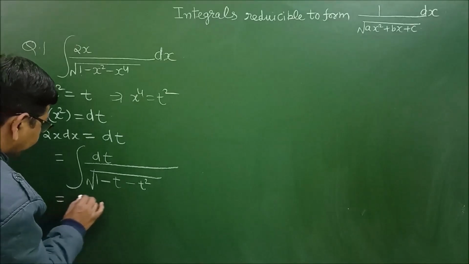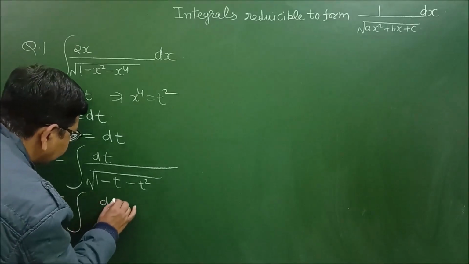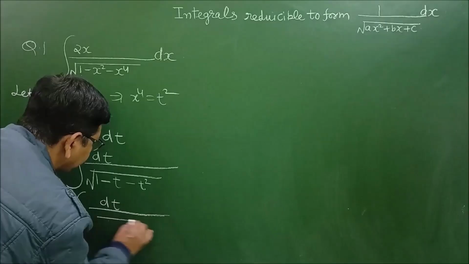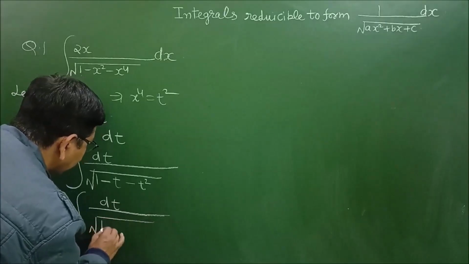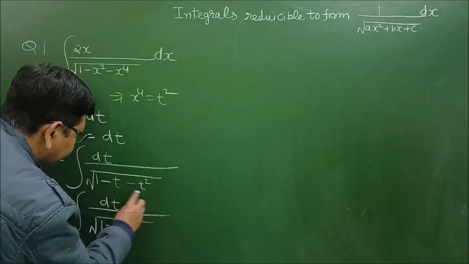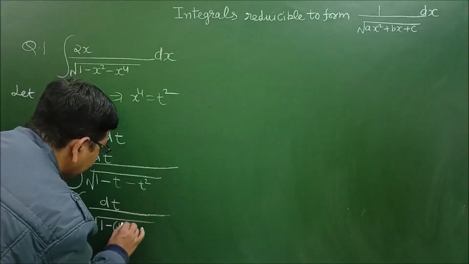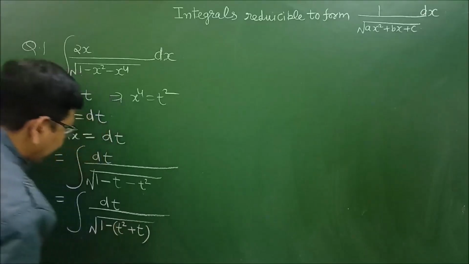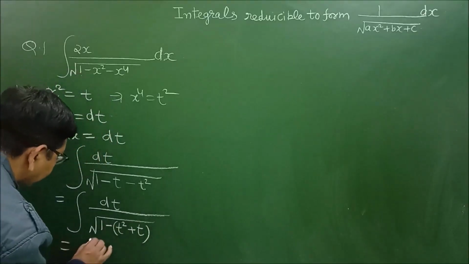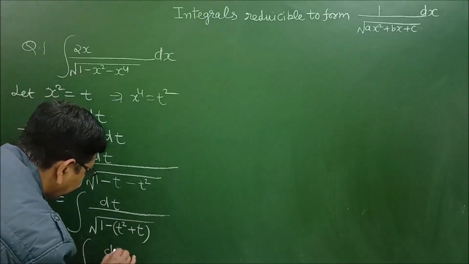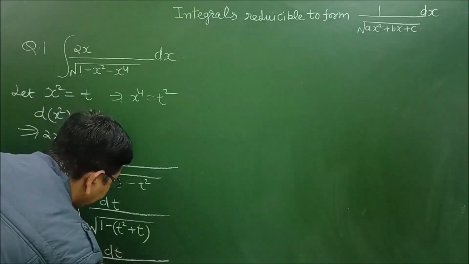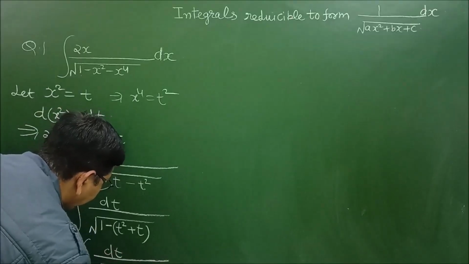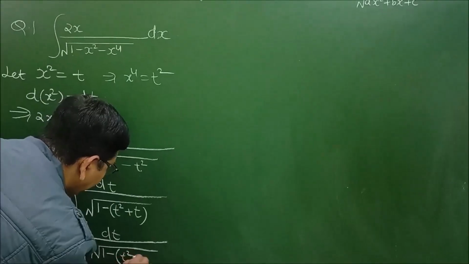Now to solve it further, integral of dt upon under root of 1 minus t square. To make the t square positive, take the negative sign common, so t square becomes plus t, and in the next step this is equal to integral of dt upon under root of 1 minus t square plus t.